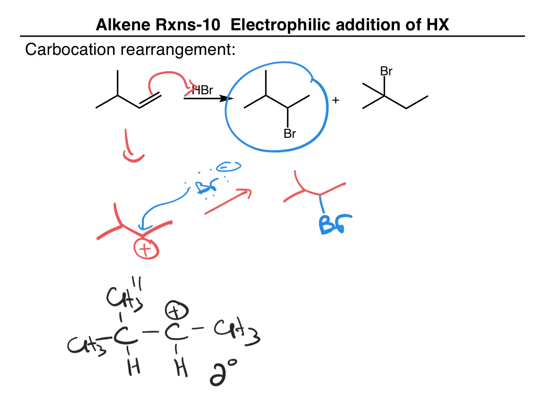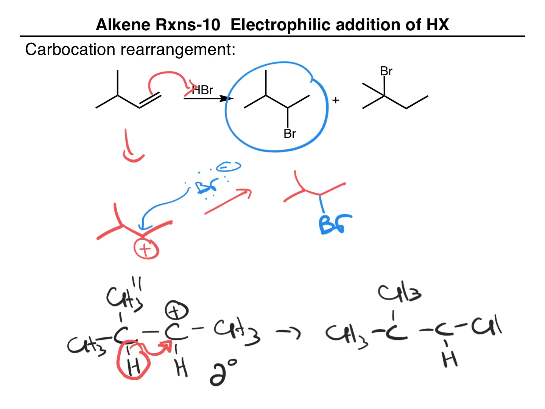So that won't happen. But if this hydrogen took its electrons and moved them over here, what does that give us? So imagine this hydrogen with its electrons shared them over here. So we still have our CH3, C, CH3, CH, CH3, but now this other hydrogen is connected.